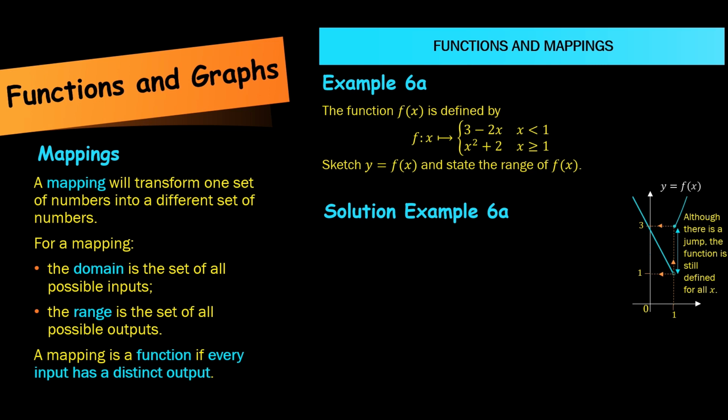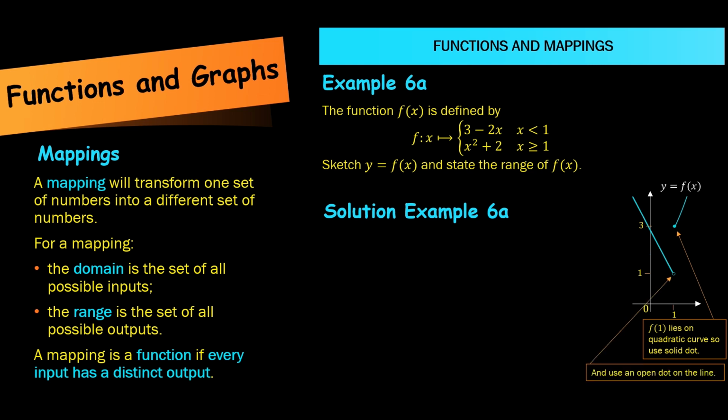Also, although there is a jump, the function is still defined for all x. Also, notice that f of 1 lies on the quadratic curve, so we use a solid dot here. And we use an open dot on the line as shown.